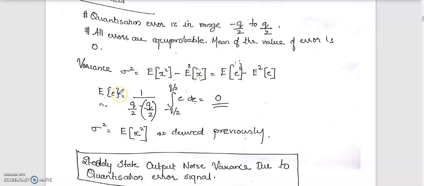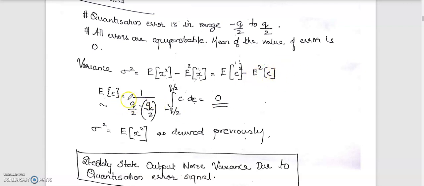So expected value of a value E will be given by this particular formula. This is a general formula: expected value of x square minus expected value of x the whole square. In this particular case, it will be expected value of E square minus expected value of E the whole square.